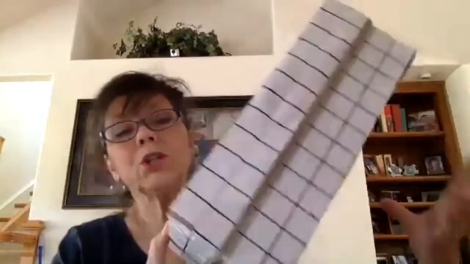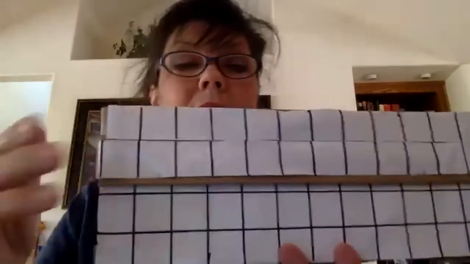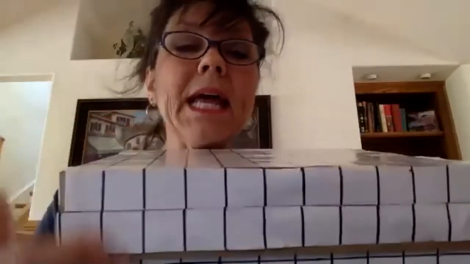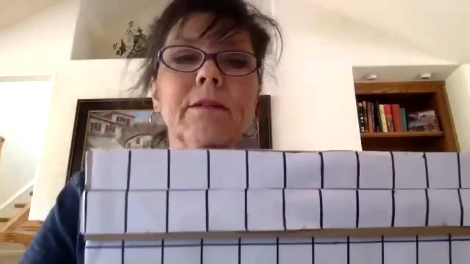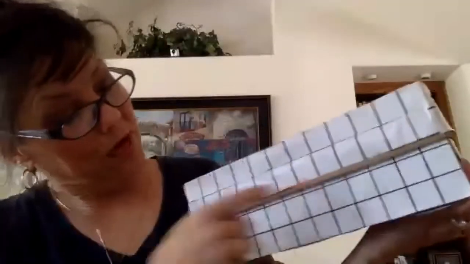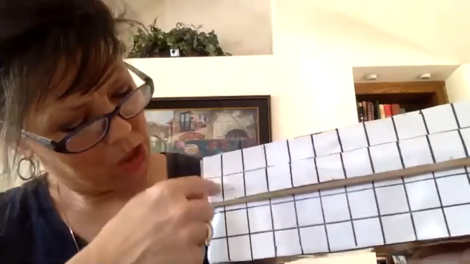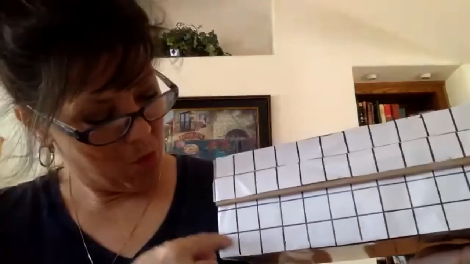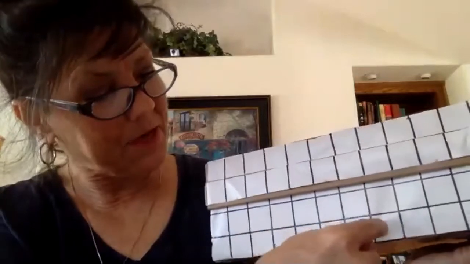Okay, now we're going to look at the side. And we're going to have to pretend that there's a little overlap here. We're going to just pretend that they're perfect squares. And I have here 1, 2, 3, 4 by 1, 2, 3, 4, 5, 6, 7, 8, 9, 10, 11, 12. So what is the area of this face? Okay, I'm seeing a lot of 48s.